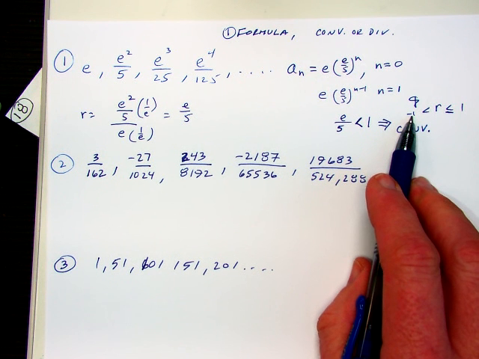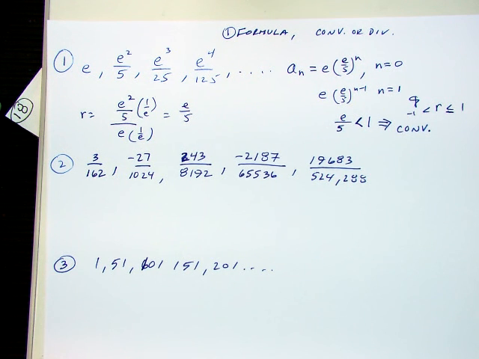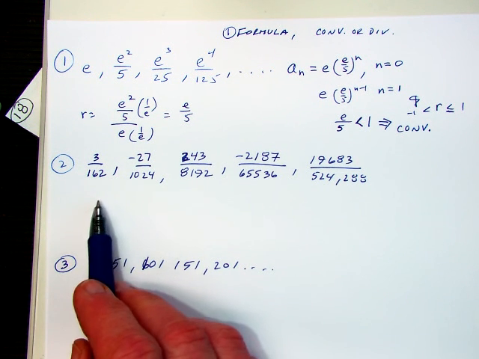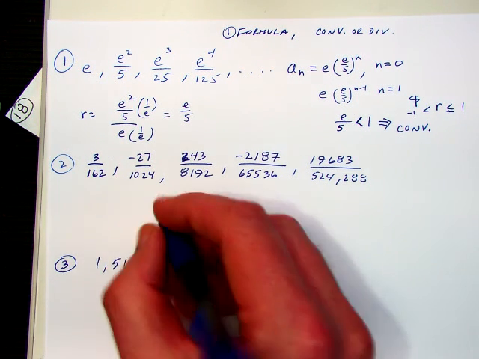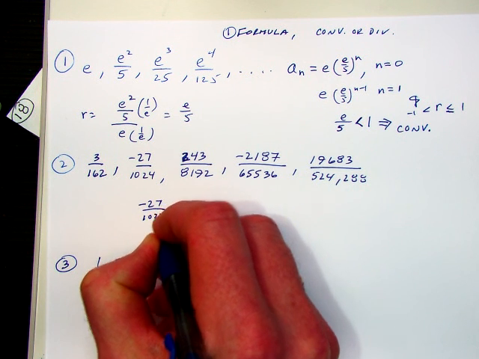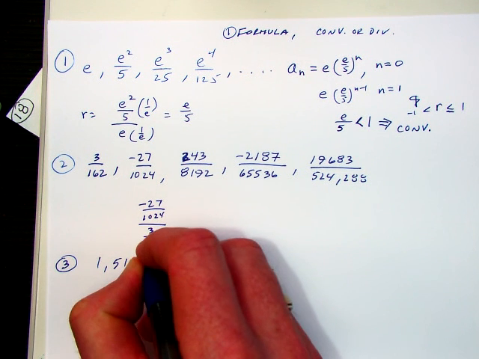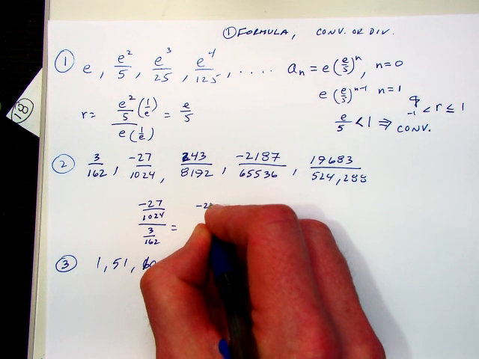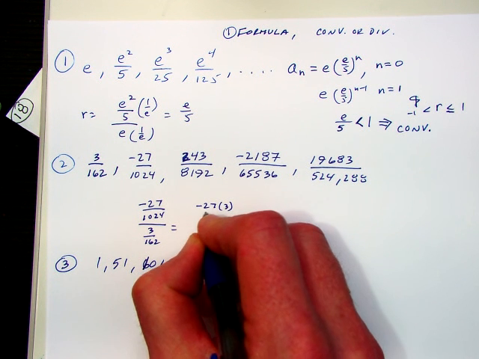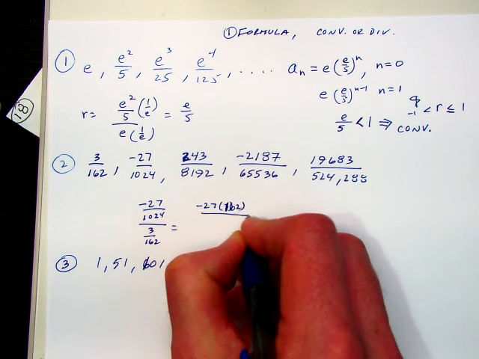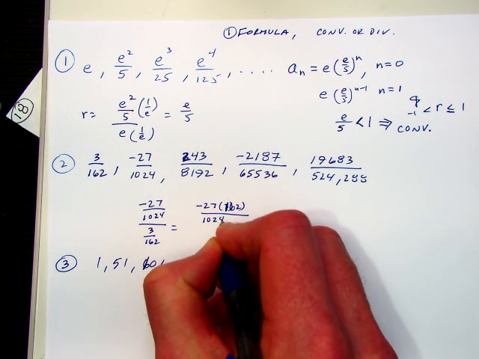All right, so if we look at number 2, it looks a little more complicated, but if I take any term and divide it by the previous one, we do get a ratio. So if I do -27 over 1024 and divide it by 3 over 162, I'm not going to multiply it out, I'm just going to leave it as -27 times 162 over 1024 times 3.